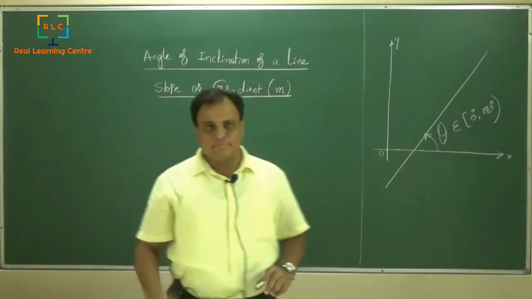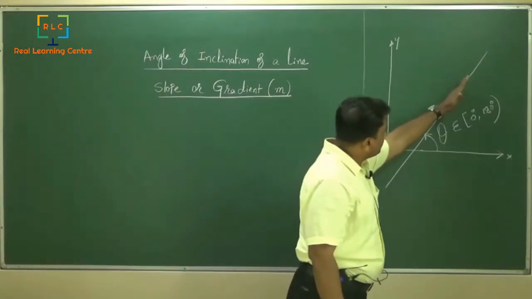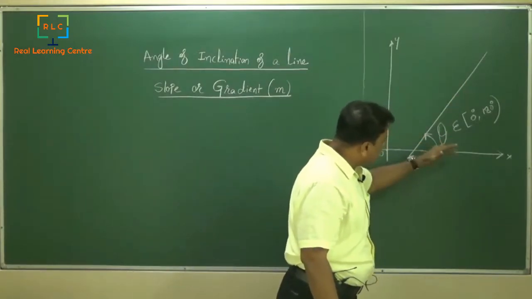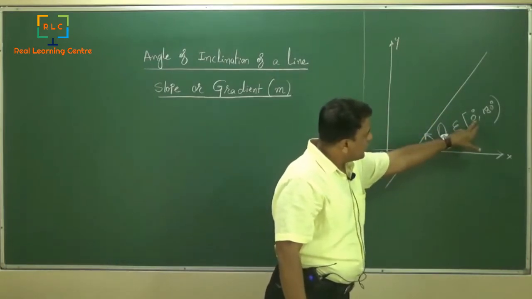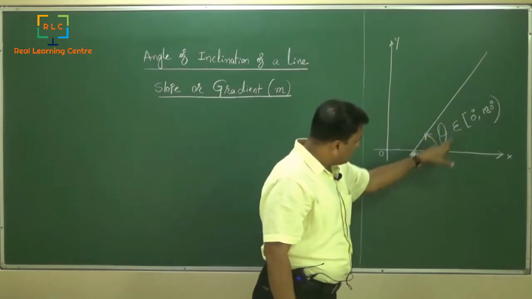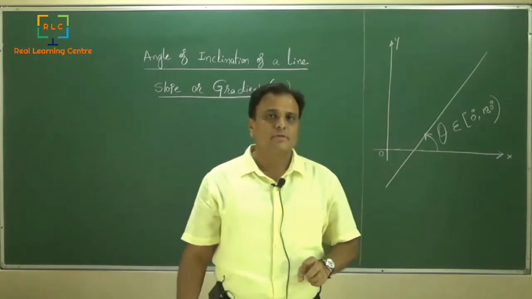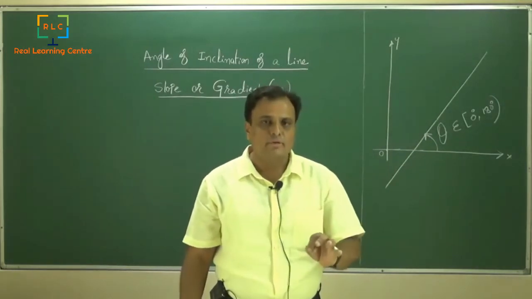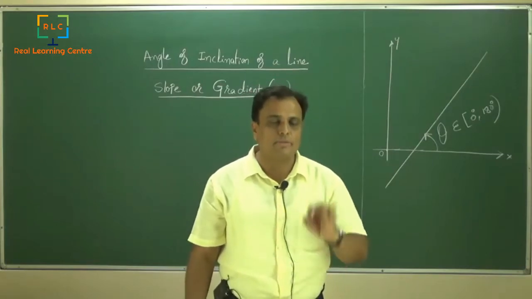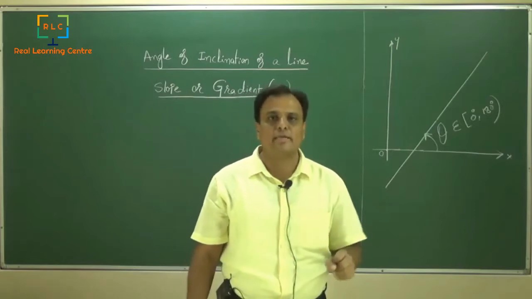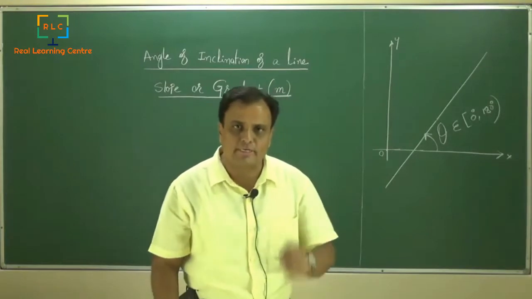Here, dear friends, we came to know this clearly: this line makes an angle theta with the positive x-axis, measured in positive direction and lying in the interval 0 to 180, then this angle is called angle of inclination of the line. Always, angle of inclination will be measured from the positive x-axis in positive direction.